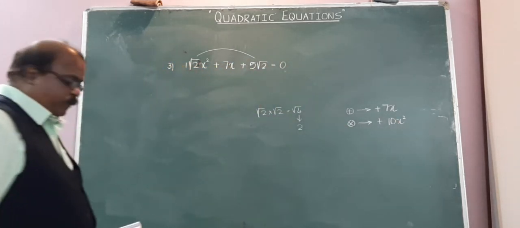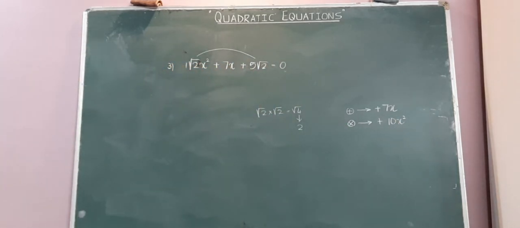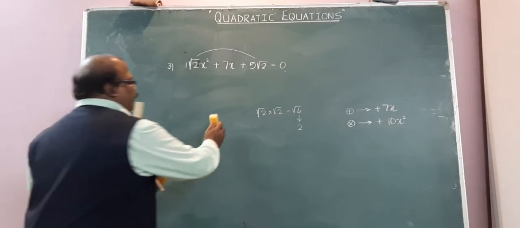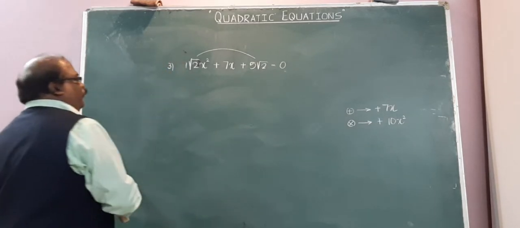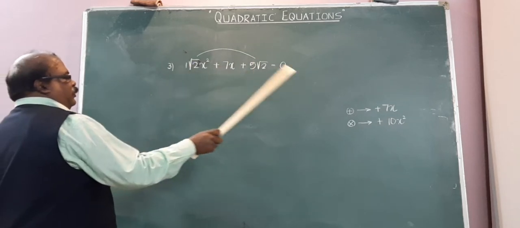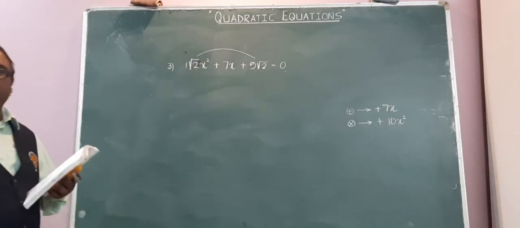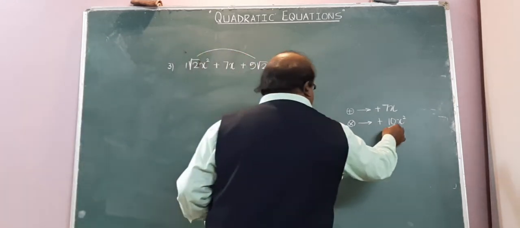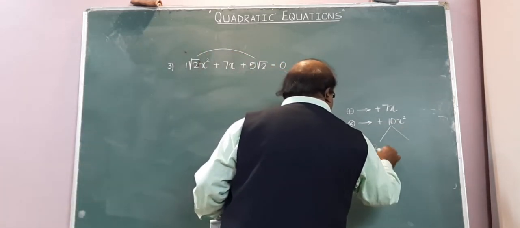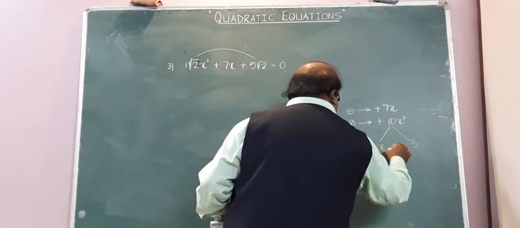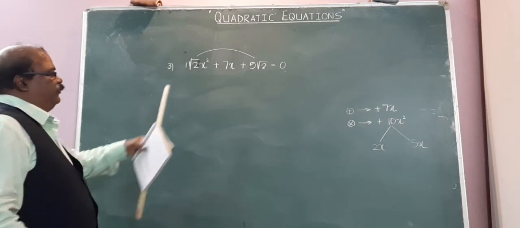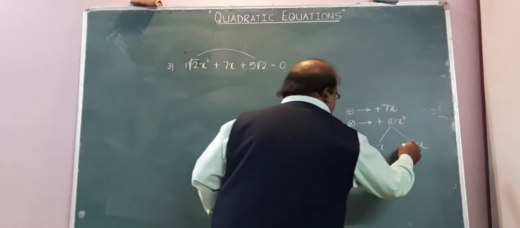Two conditions to be fulfilled. On adding I want 7x. On multiplying I want the product of the extreme. When I multiply these two, you should get 10x square. Very simple factor. 2 5s are 10. Factors of 10, 2 and 5. Since the middle term is an x term, let me put x on both the sides. Sign of the middle term goes to the greater number.